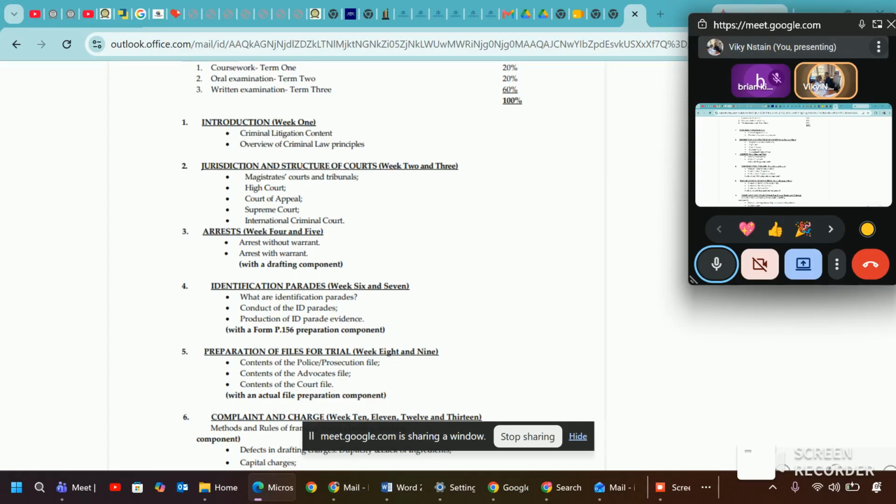Where a witness identifies one or more persons on the ID parade, the person identified shall be removed and confronted with the witnesses, who shall be asked to confirm the identification by clearly indicating that he or she is the person confirmed.